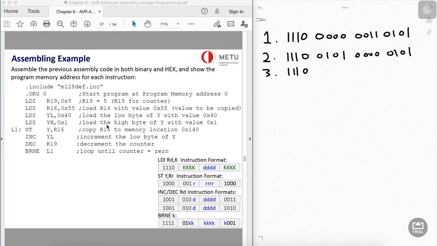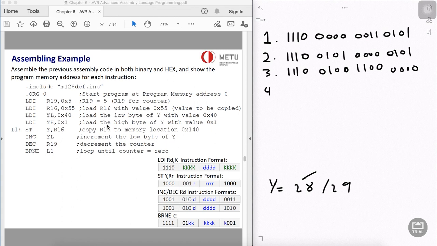In this case, we have to use Y. So Y is 28 and 29. We have to load 40. So 40 is 0100 and 0000. So what will be our RD? RD needs to be 28. So 28 minus 16 will give us 12. So 12 is 1100. Okay, so that's our third instruction.